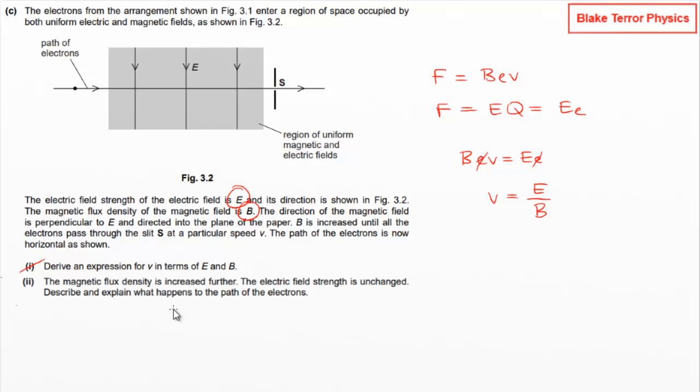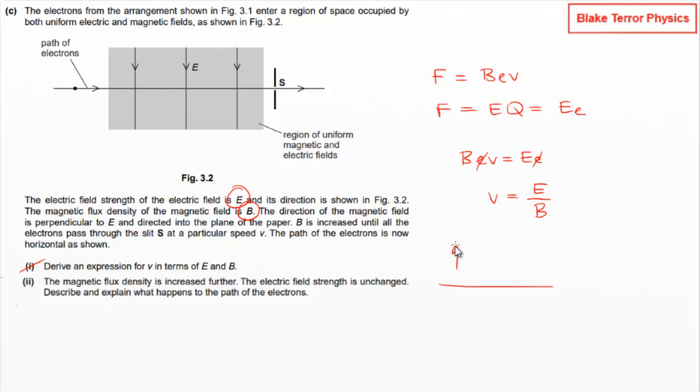The magnetic flux density is increased further. Electric field strength is unchanged. Describe and explain what happens to the path of the electrons. Right, so we're increasing magnetic flux density. Right, so what's happening here? Let's think about it. When it's going through the gap, when it's going horizontally, we can see the electric field is pointing downwards.